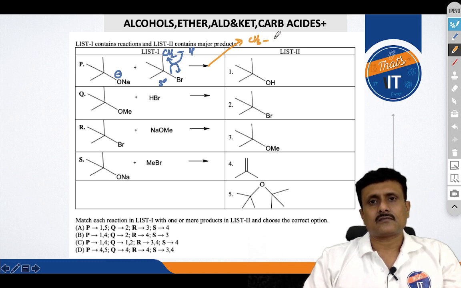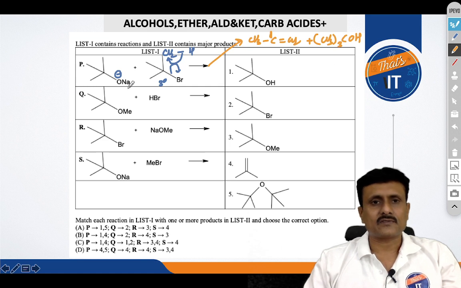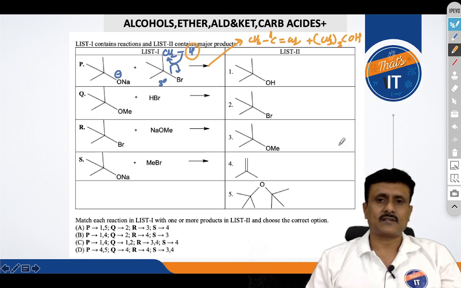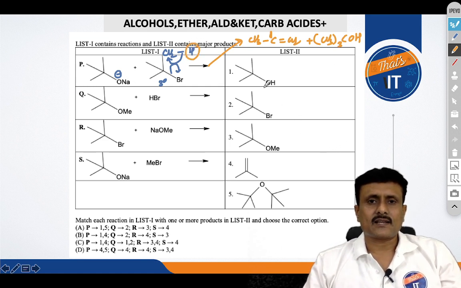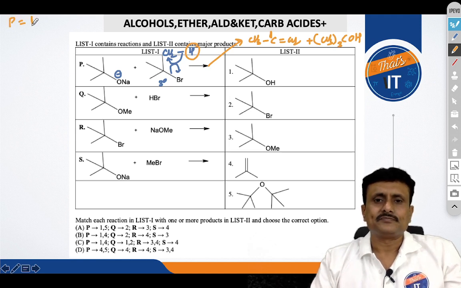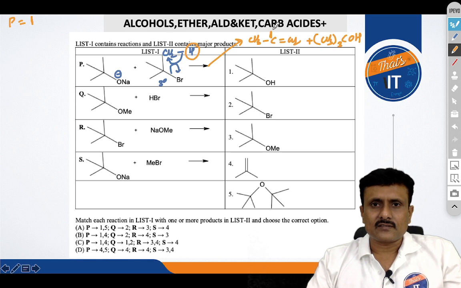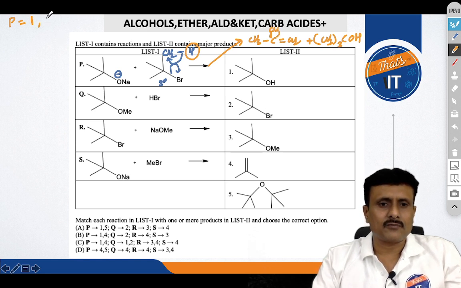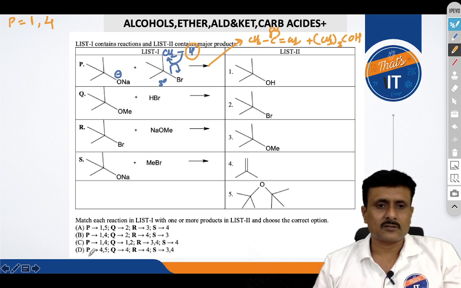CH3, C double bond CH2, CH3 plus tertiary butyl alcohol, COH. This has abstracted a proton from here. So for tertiary butyl alcohol, you can see that P is matching with 1, and also this product is CH3, CH3 double bond CH2. So 1 comma 4. So P is matching with 1 comma 4.